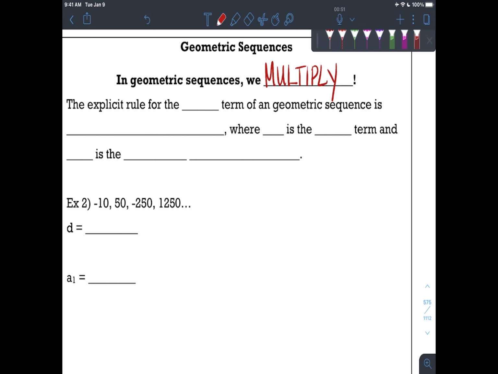The explicit rule for the nth term of a geometric sequence is a sub n equals a1 times r to the power of n minus 1, where a1 is my first term and r is what we call our common ratio, what we multiply by. Remembering that it can be a fraction if we are dividing, or it looks like we're dividing. It's a fraction that we're multiplying by, okay?